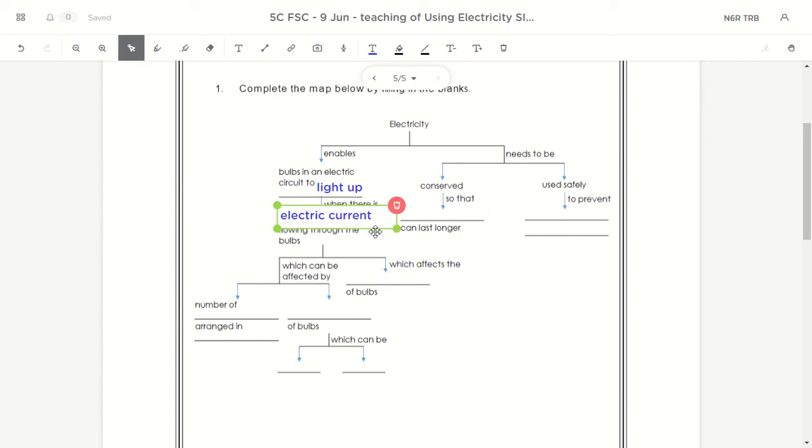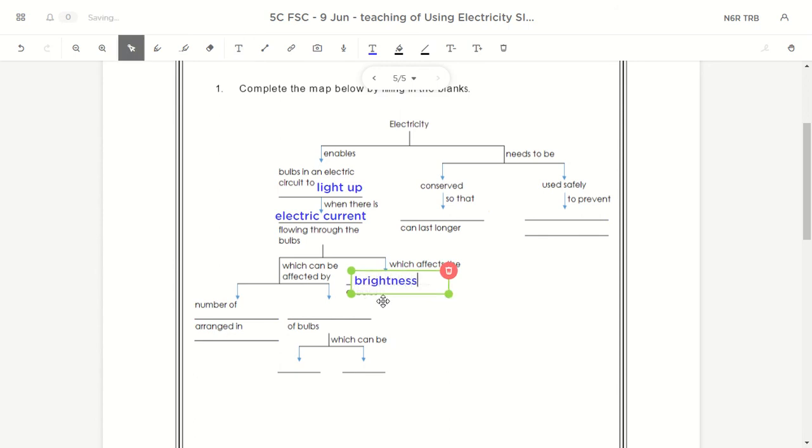Something like that. Okay, so electric current. Let me move it up a little bit. Okay, so electricity enables bulbs to light up when the electric current is flowing through them. Okay, so the brightness of the bulb. Let me just write over here. The brightness of the bulb can be affected by two things which we have learned: the batteries and the bulb.